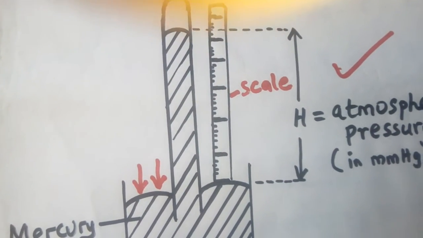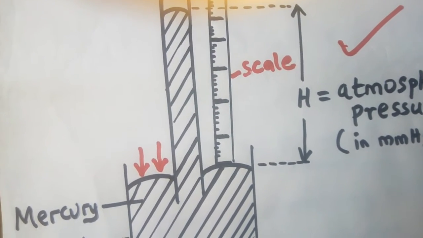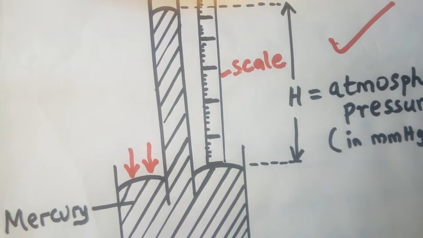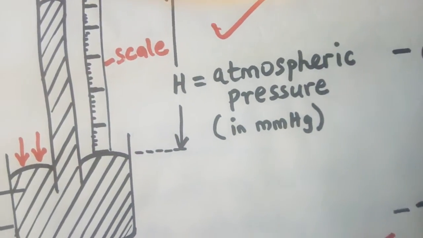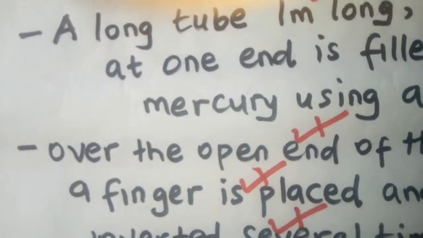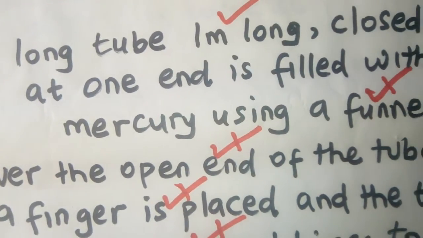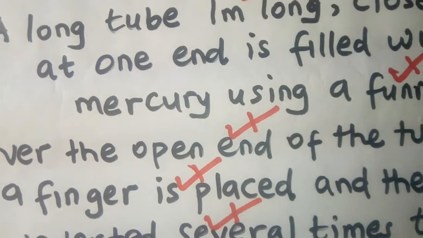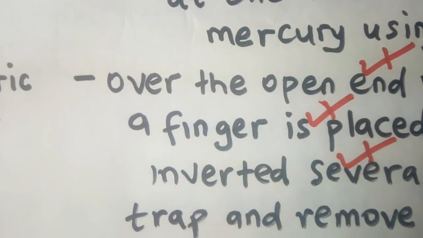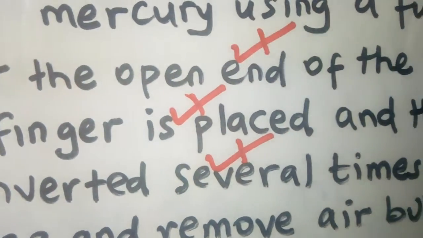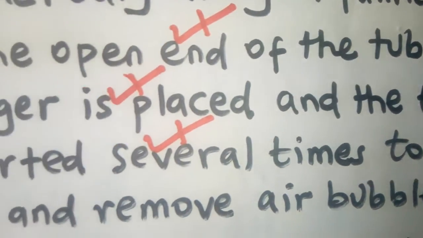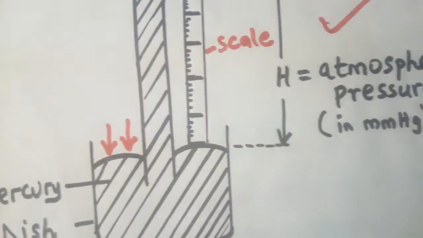Fill it with the mercury. After filling it with the mercury, remember that the tube must be 1 meter long. It is closed at one end. You see, a long tube, 1 meter long, closed at one end, is filled with mercury using a funnel. Then after that, over the open end of the tube, remember this tube has 2 ends.